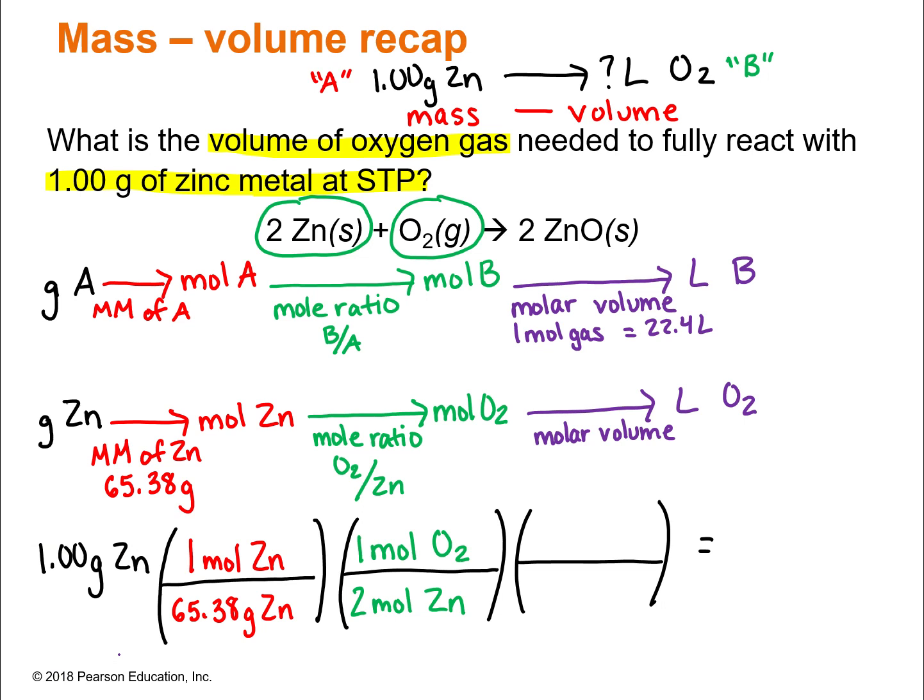For molar volume, we can write 2 unit factors from our unit equation. One mole over 22.4 liters, and 22.4 liters over 1 mole. Which one should we use, A or B, if we're trying to go from moles of oxygen gas to liters?